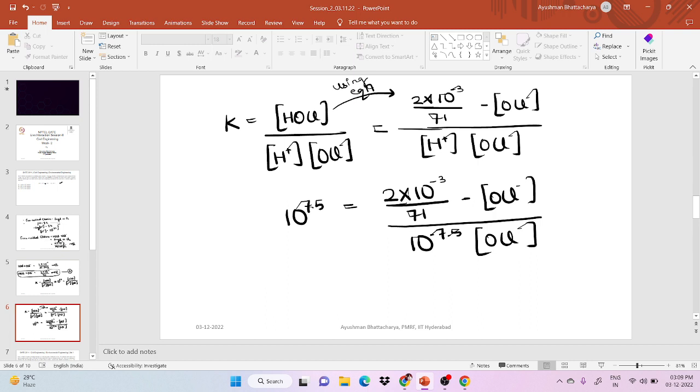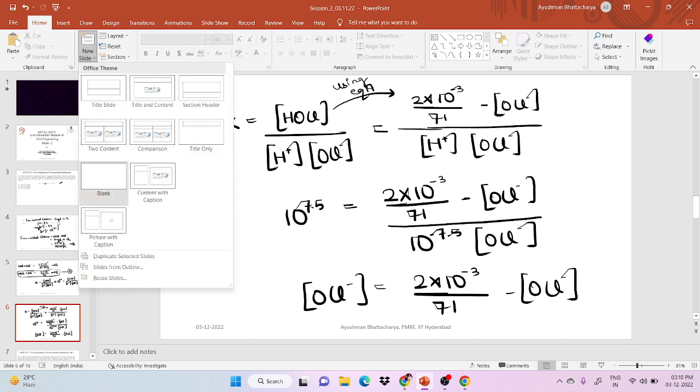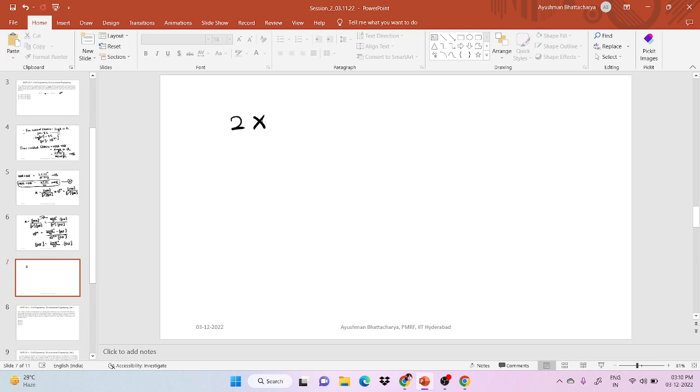If you multiply this, 10 raised to the power 7.5 and 10 raised to the minus 7.5 come out to be 10 raised to the power 0, which is equivalent to 1. So basically we can write OCl- is equal to 2 × 10^-3/71 minus OCl-. Now if we shift the OCl- from the RHS to the LHS, it comes out to be 2 times OCl- equal to 2 × 10^-3/71.